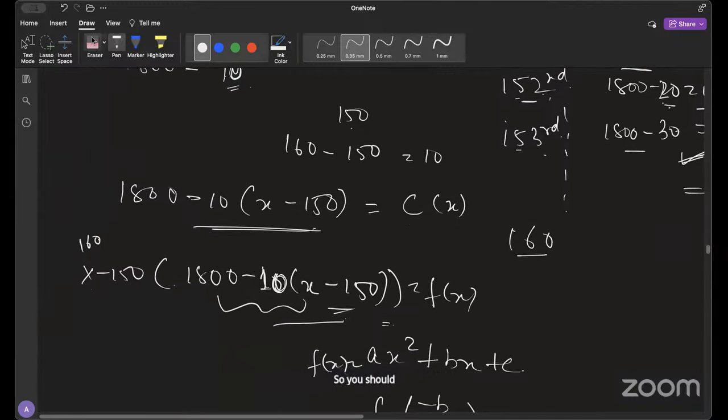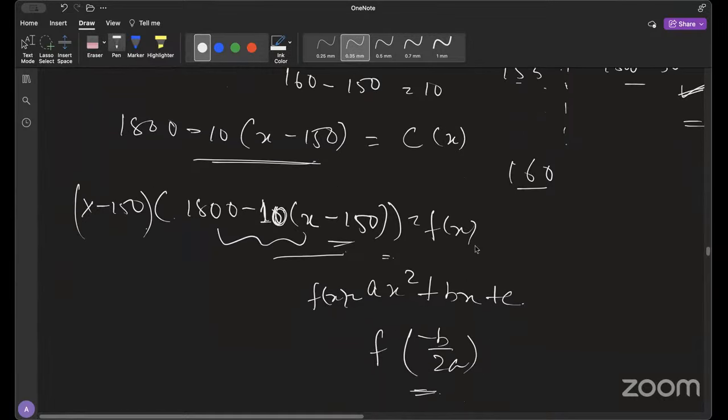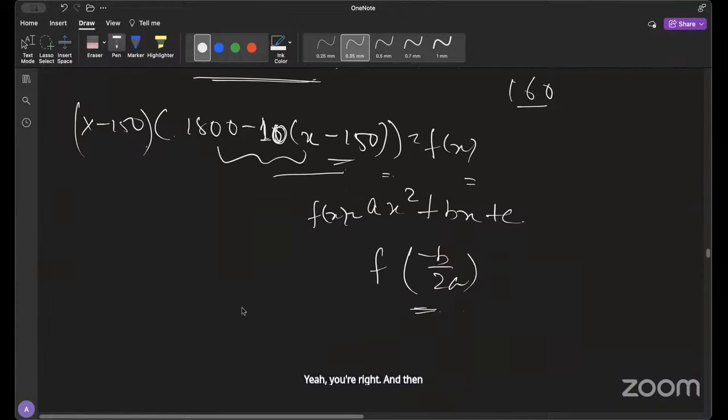So you should do x minus 150 here instead. Yeah, you're right. And then for the entire pricing, you should be doing 150 into 1800.